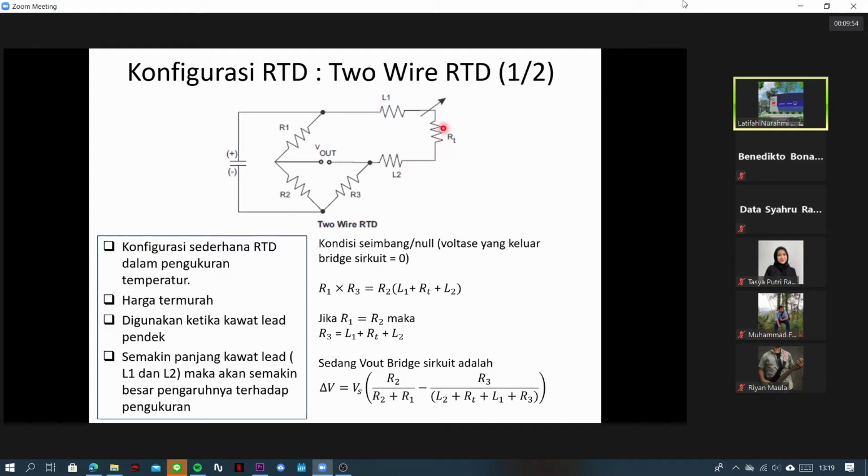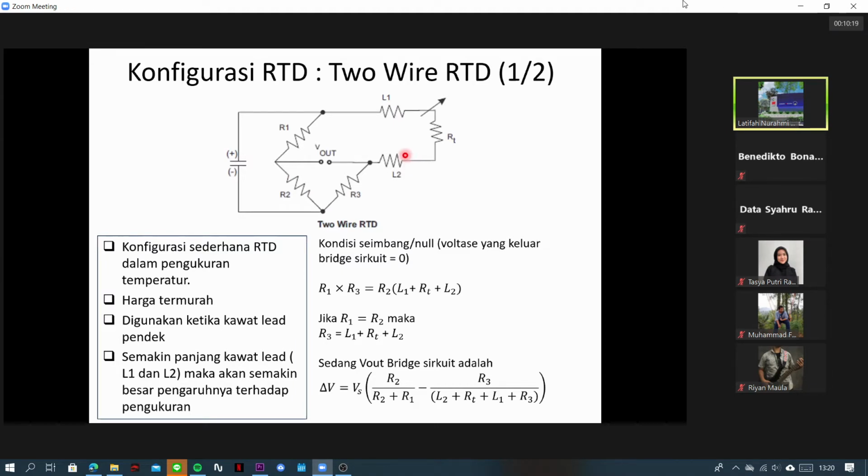This is what we call a two-wire RTD, with L1 and L2. Basically L is in the unit of ohm, but let's imagine that L is a notation for the resistance of cable 1, and L2 is the resistance for wire 2.